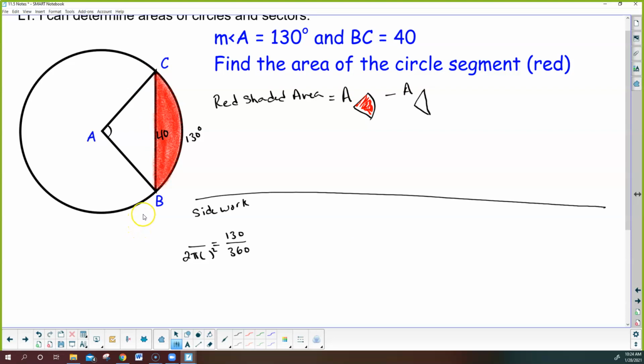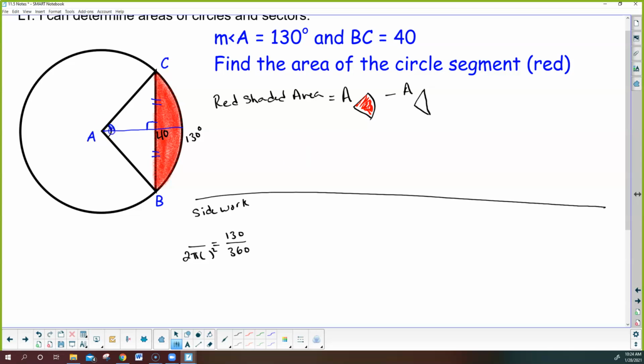So we have to get a little creative here with finding how we do this. And this is the part that is a little tricky. Something you can always do is draw a radius in this way. And why is that important? I purposely drew this radius in so it bisected this segment, and it also bisects this angle.